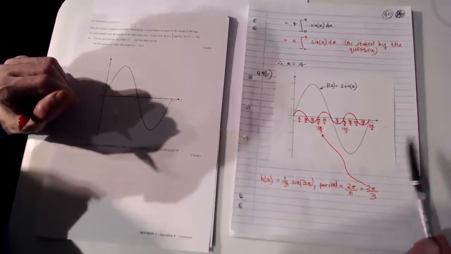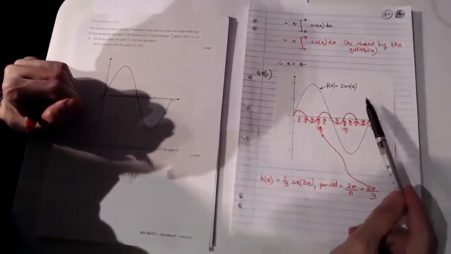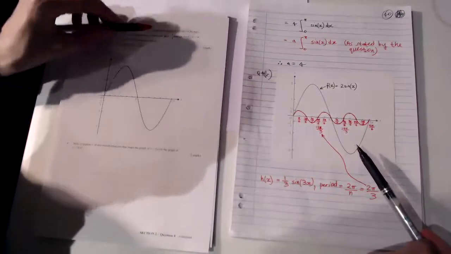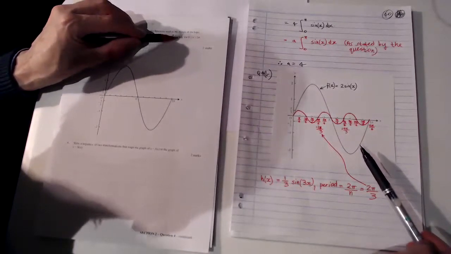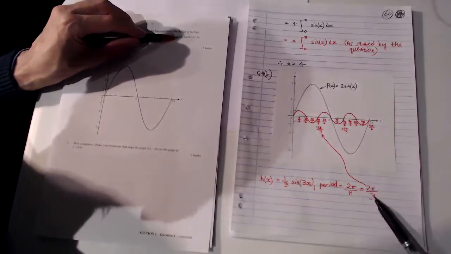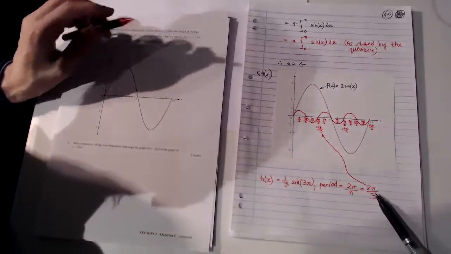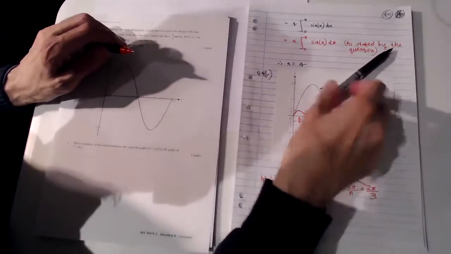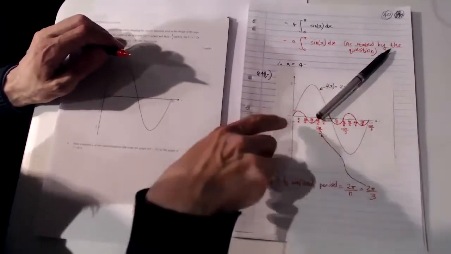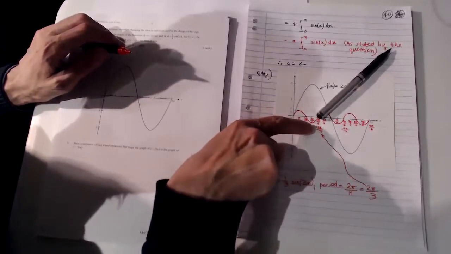Therefore, because we got a 3 in front of x, you're going to put n equals 3. So the period is 2 pi on 3. So the period up to here of this one curve here is 2 pi on 3.